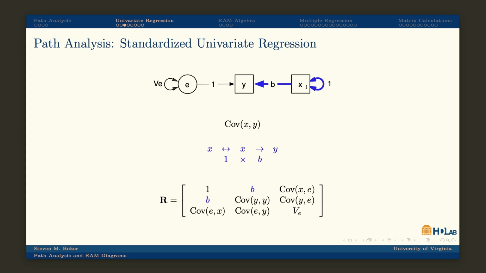B times 1 times B, that's equal to B. You notice I'm putting underneath these arrows the values on that arrow, double-headed or single-headed. And that means that I can put this covariance B in the matrix.